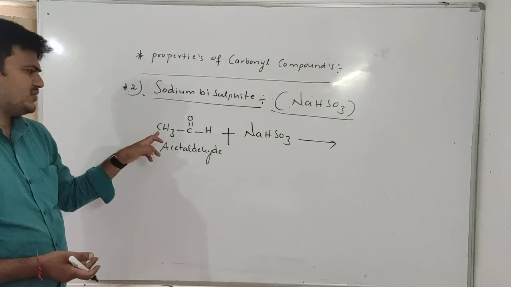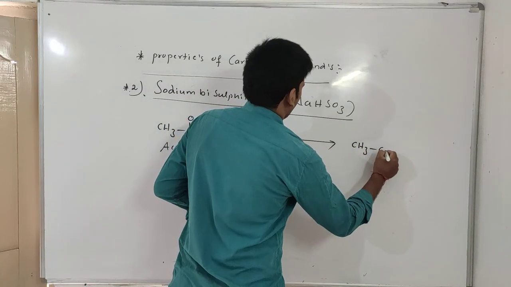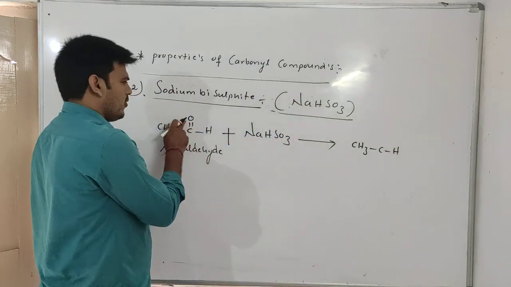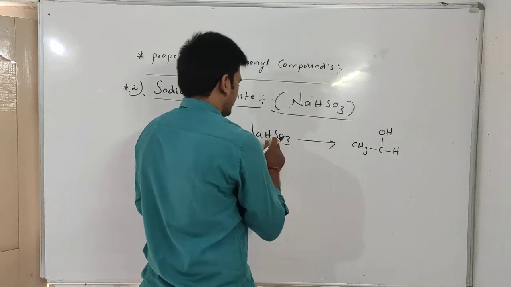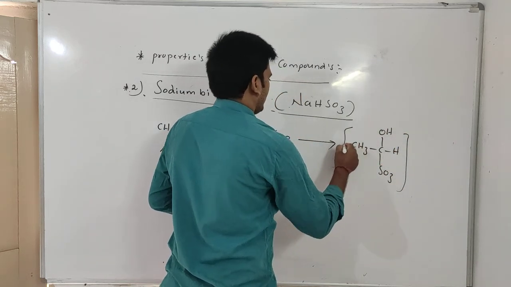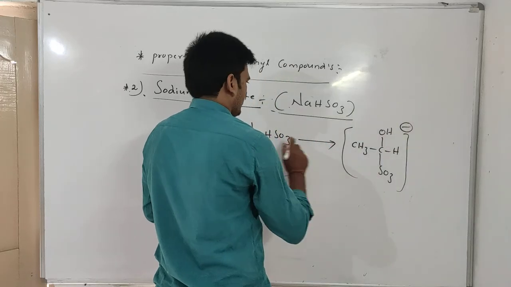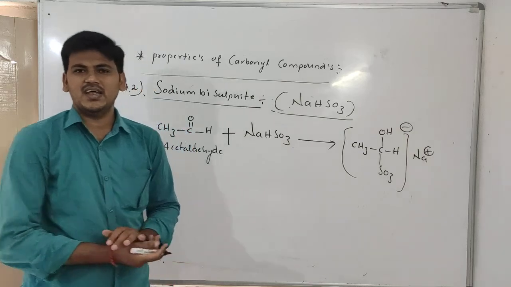So very simple answer. First of all, CH3C-H, next O⁻H⁺, OH. Next SO3 with overall charge minus. Next sodium, Na⁺. Addition reaction.